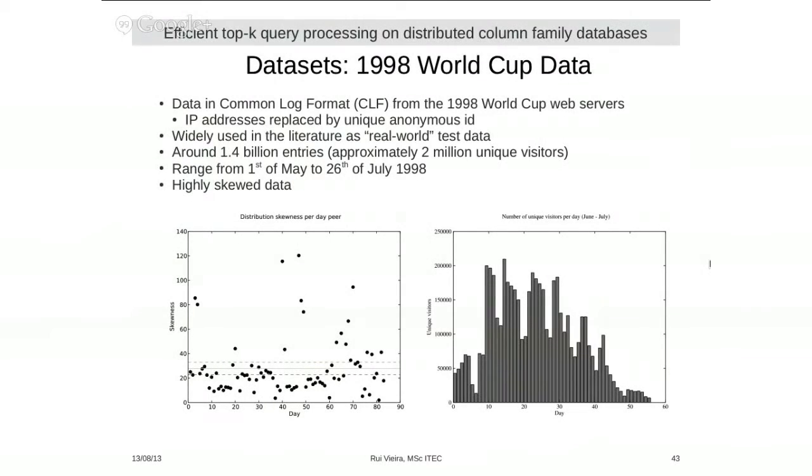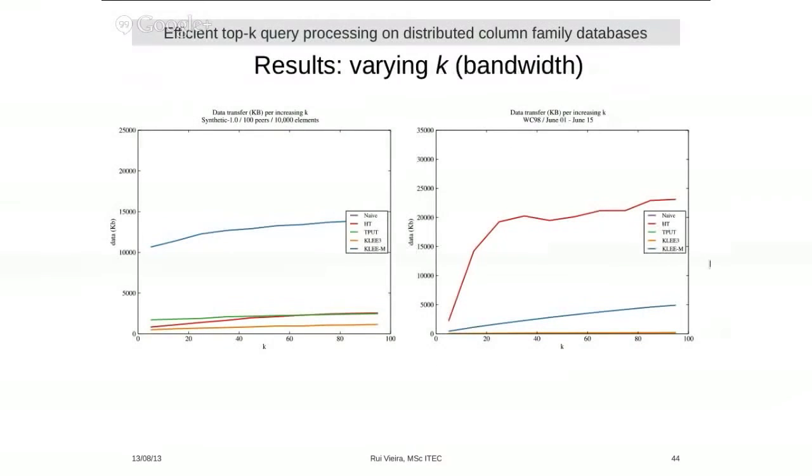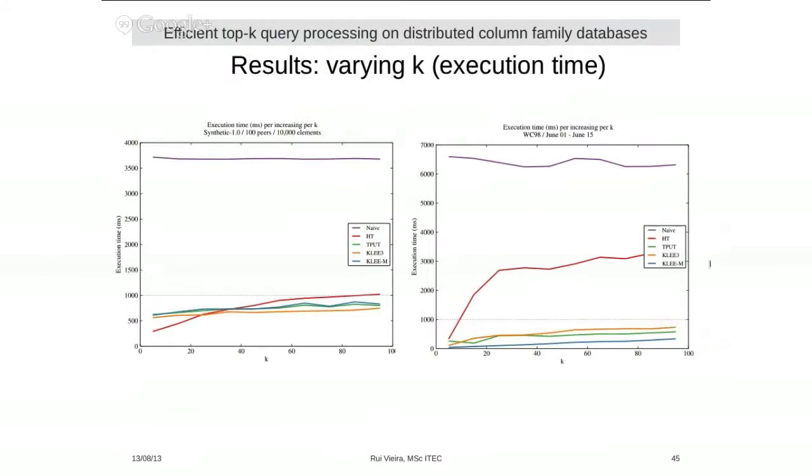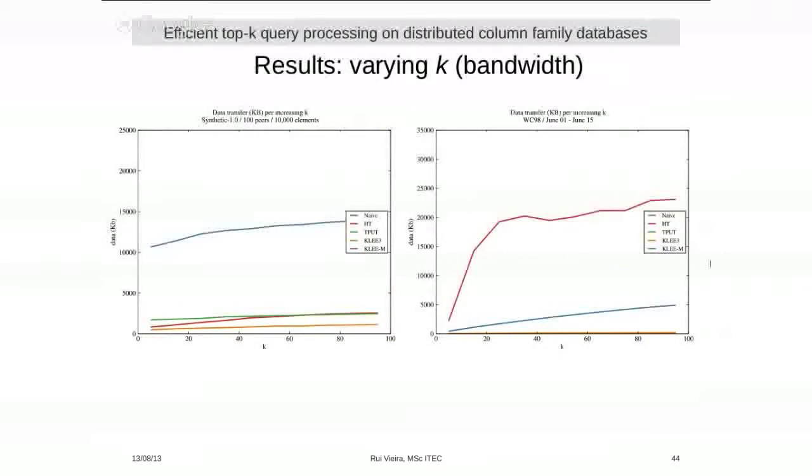So the results: how do the algorithms behave with this kind of data? So you can see for the synthetic, sorry, naive doesn't show on this one, but it's not the most important one.